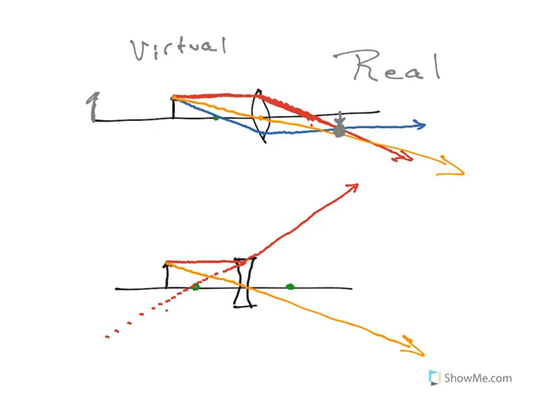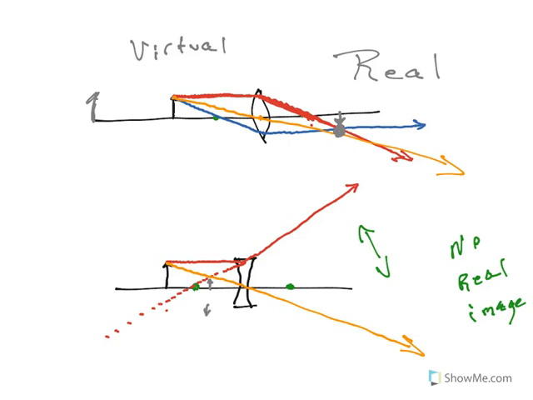Now notice these two lines diverge from each other. They're getting further and further away from each other. They never intersect, so you get no real image. However, if you look backwards, they intercepted back here.